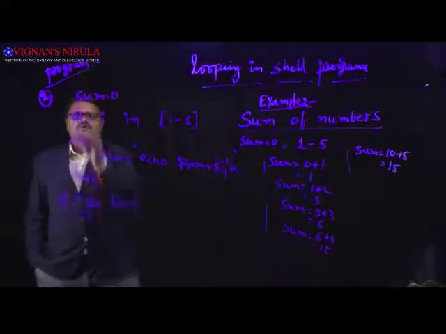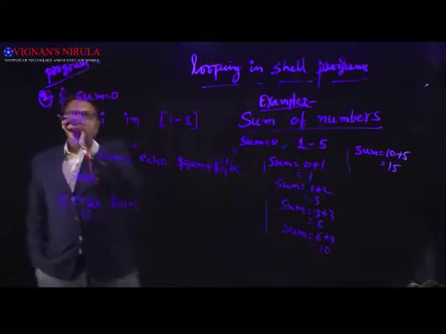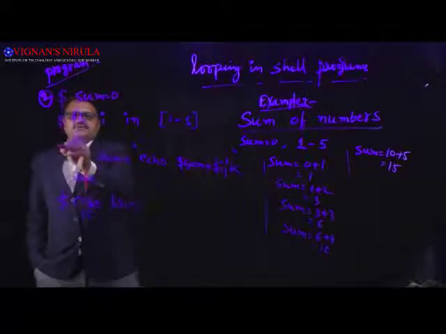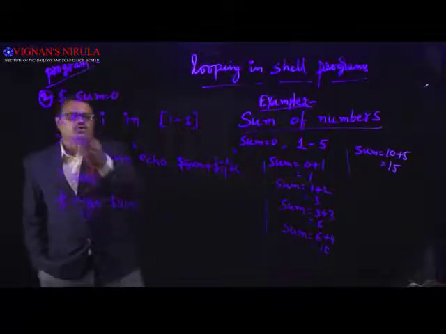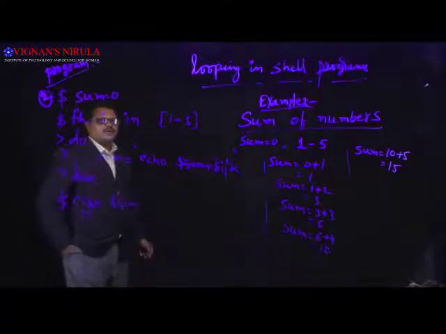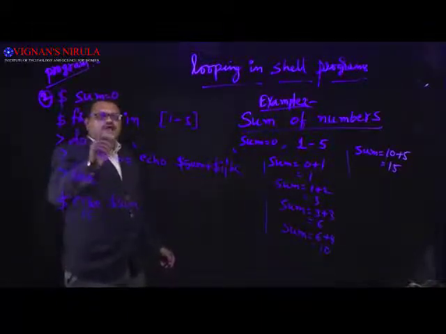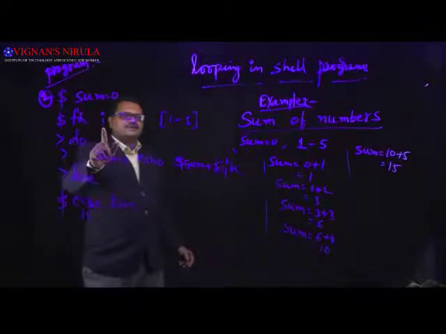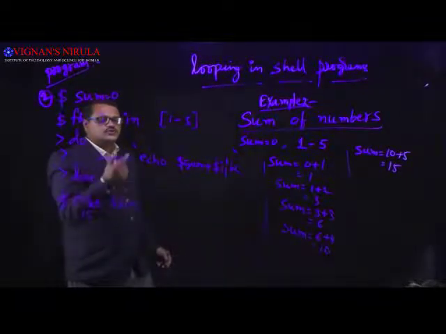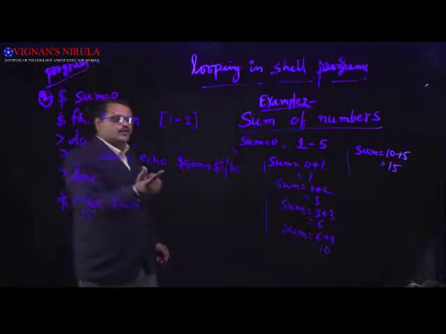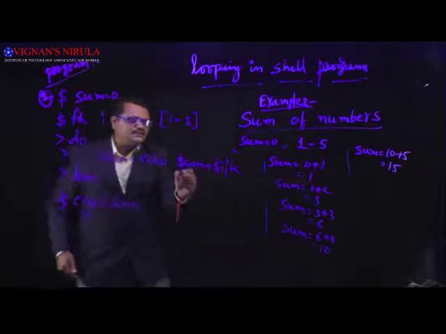This is the dollar prompt and this is the dollar prompt. So here you start the program, and the greater-than sign is the secondary prompt, while the dollar is the primary prompt. So sum equal to 0, for I in 1 to 5. That means I is the control variable, and 1 to 5 is the list of numbers which you want to sum. And here, echo sum plus I, the logic is the same.